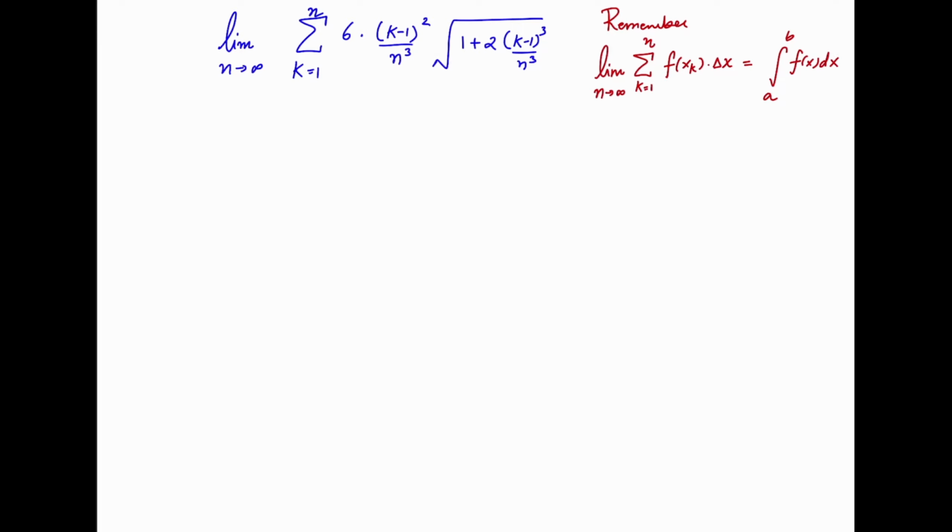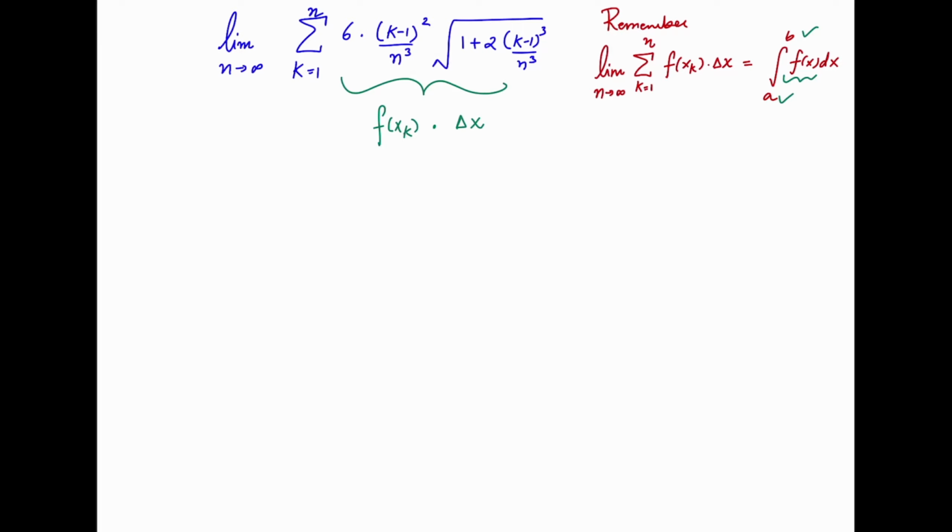Okay, so point number one that you need to realize is whatever's inside here is basically a function's value at x_k times delta x. We just need to decipher what the value of a, b, and that function is. Okay, that's all we have to decipher.